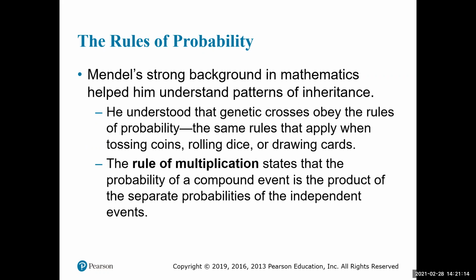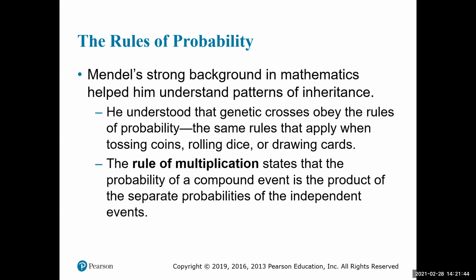What Mendel also did with his research is he had a pretty good background in math, which allowed him to have a greater understanding of the patterns of inheritance that he was observing. So he understood that these genetic crosses obey the rules of probability, and these are the same rules of probability that you would learn if you took a basic statistics class.